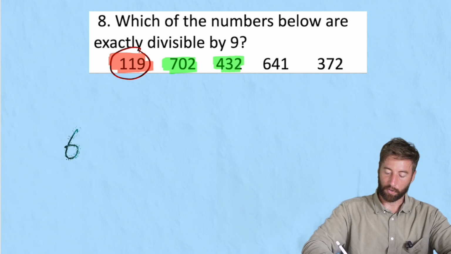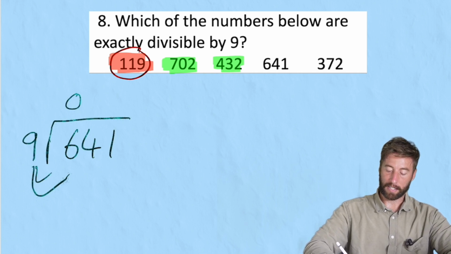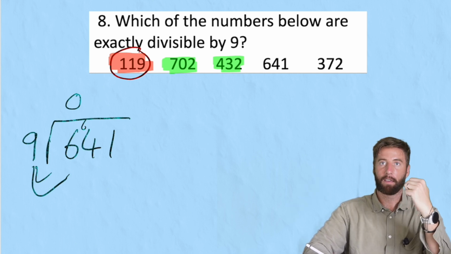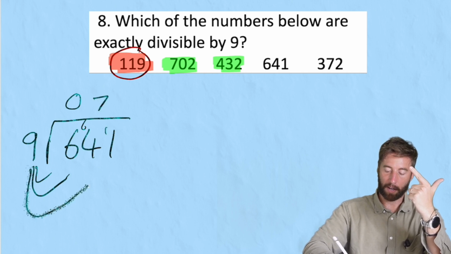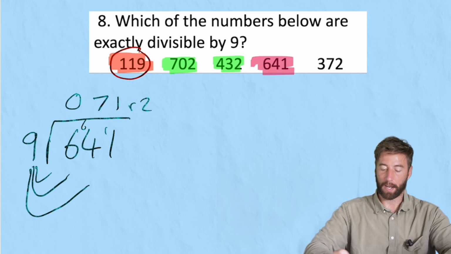Let's do 641 divided by 9. 9's into 6, don't go. 9's into 64. 9, 18, 27, 36, 45, 54, 63. That's 7. 1 left over. How many 9s into 11? Go 1 with 2 left over. Therefore, 641 is not divisible by 9.